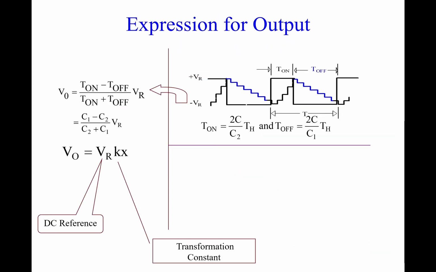Of course, we know T on is 2C by C2 into the switching frequency, and T off is again 2C by C1 into the switching frequency. So we put this in T on minus T off here.